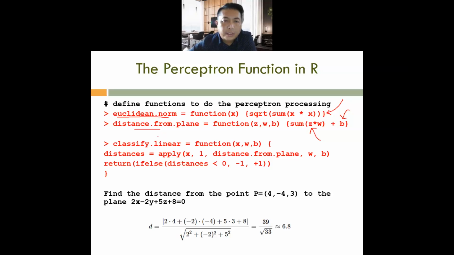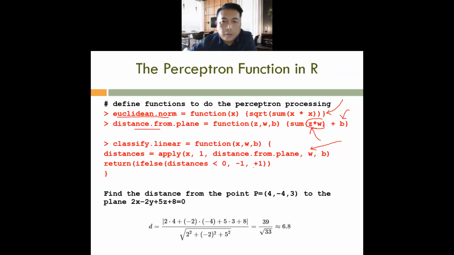So when we want to perform the linear classification, we will find the distance between each of the instances that we have to the plane that we have.